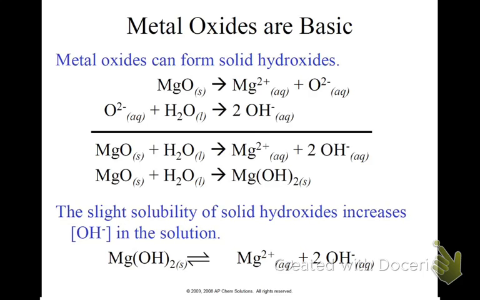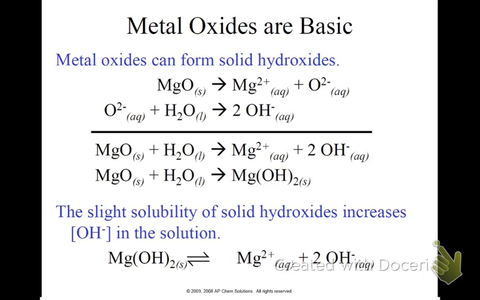Another thing that can make a solution basic is metal oxides. This one's already worked out for us. In this case, we're looking at magnesium oxide. When we put it in water, it's going to dissociate slightly into Mg2 plus and O2 minus. It's that O2 minus that's going to hydrolyze the water and form it into OH minus.